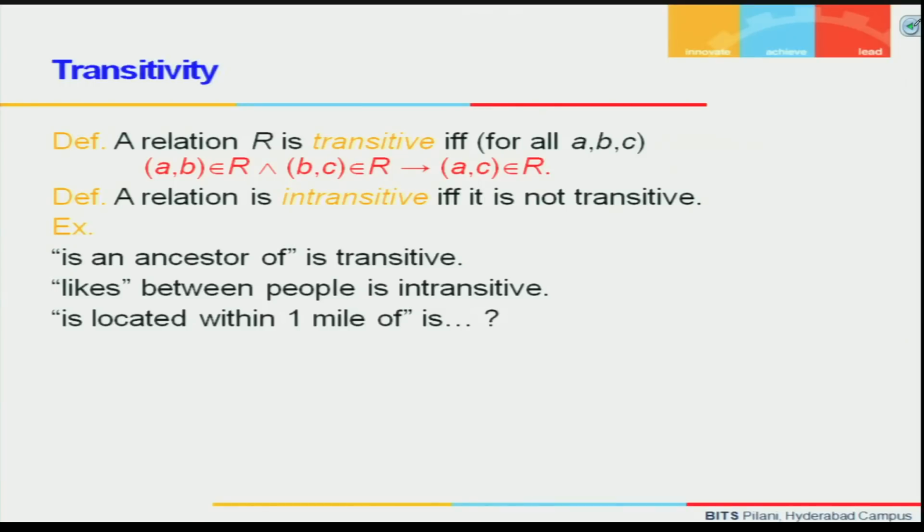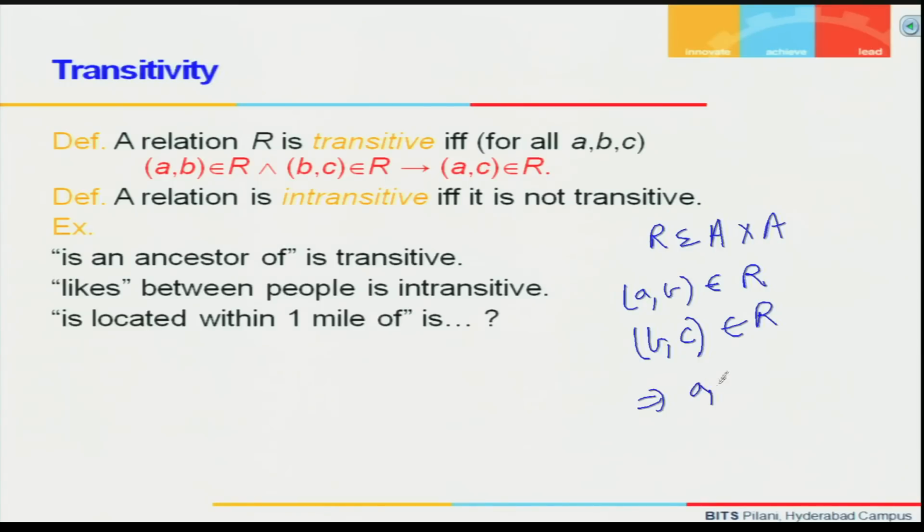And we will see when a relation that is working on A cross A is transitive. I will say this relation is transitive if A comma B is in the relation and B comma C is in the relation R, then these two things should imply that A comma C is also there in the relation.